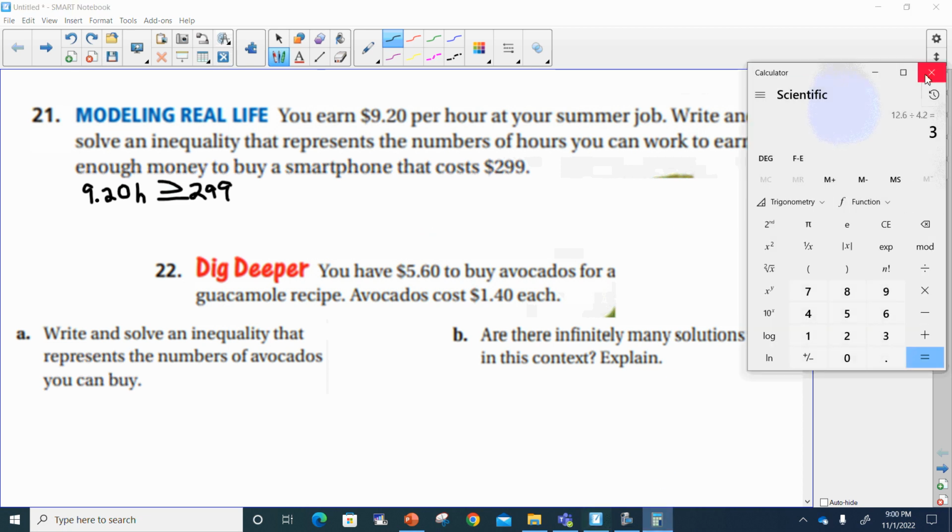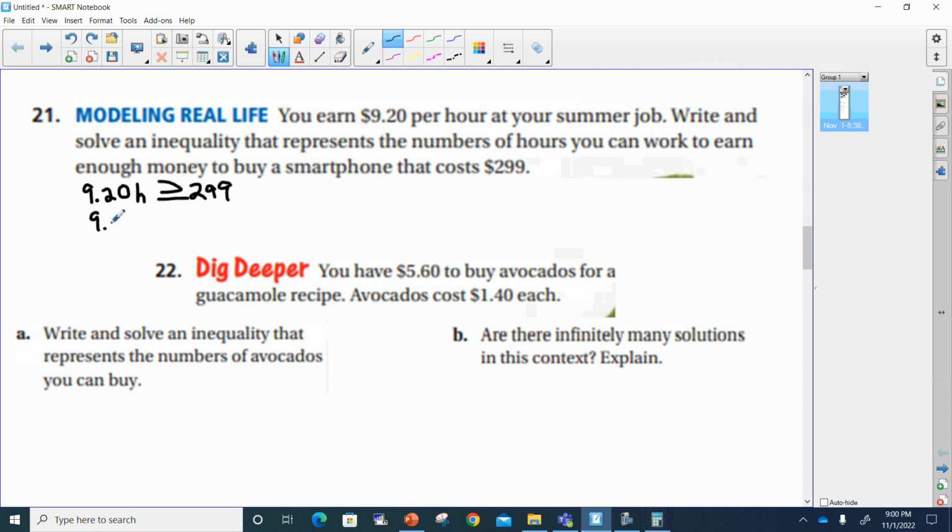Remember, I'm going to have to divide by $9.20 to get h by itself, which means I will divide by $9.20.